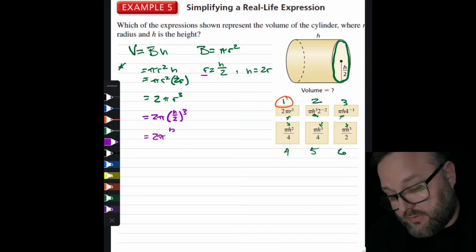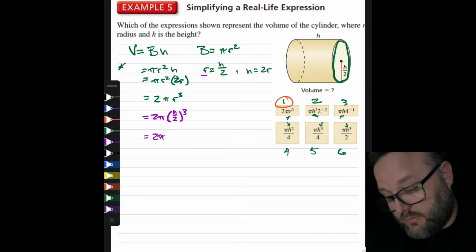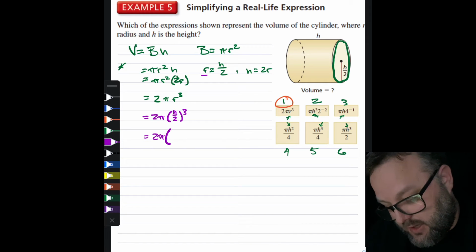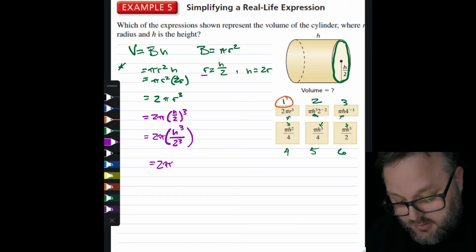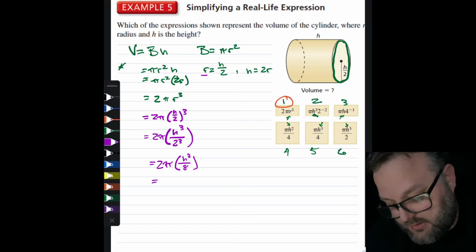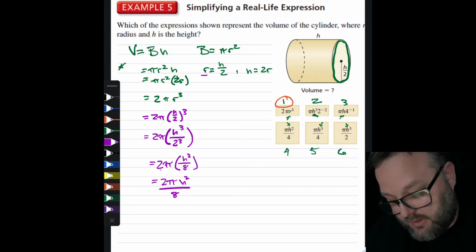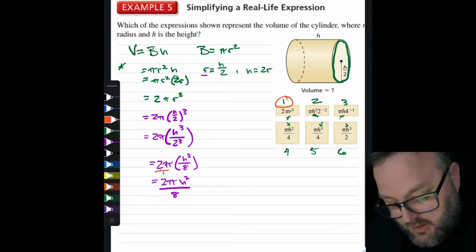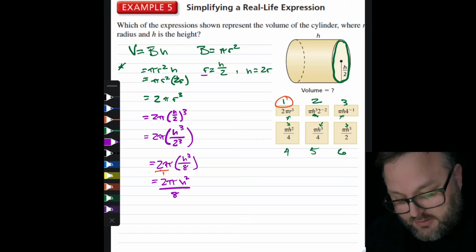That's a weird h, almost looks like it's turning into a b, so we'll fix that real quick. h to the third over 2 to the third, which is the same thing as 2 times pi times h to the third over 8, which is the same thing as 2 pi times h to the third, all over 8, because this would have been over 1, and 1 times 8 is 8. Okay, so the question is, do we have something that looks like this?